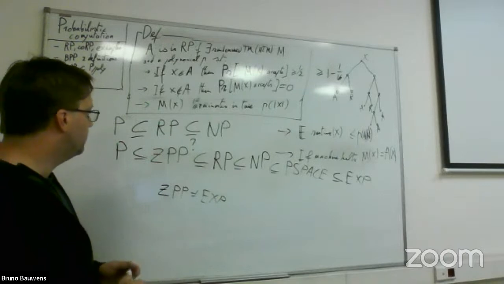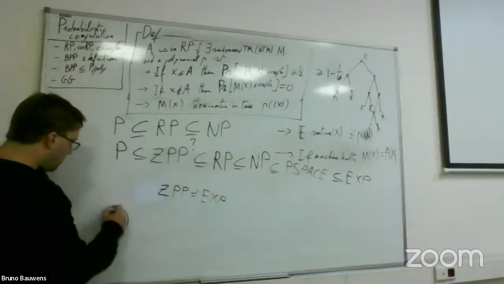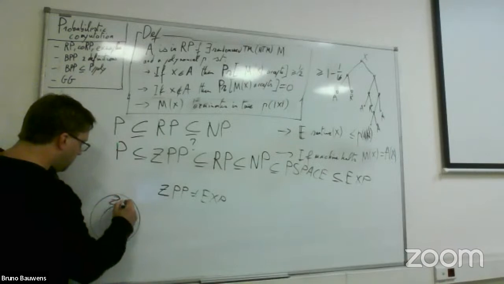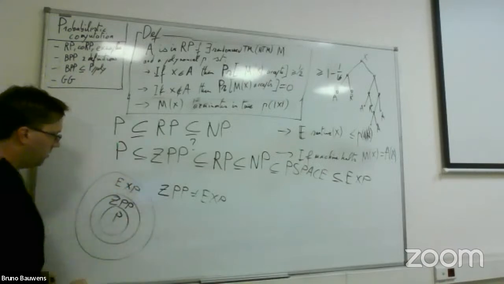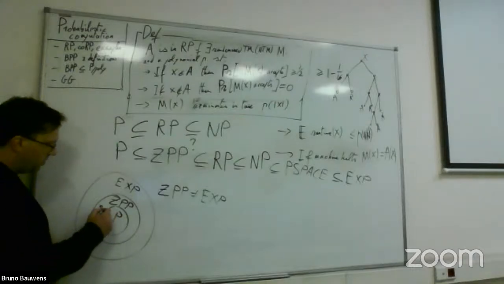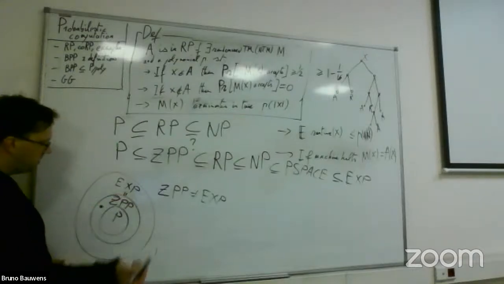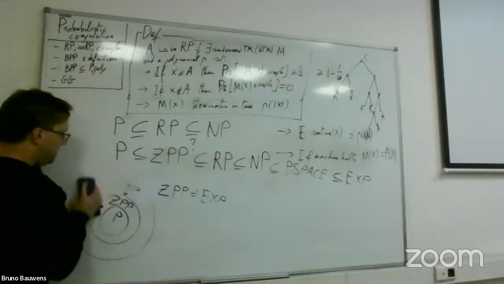No, it's not true, sorry. ZPP not equal to X. Oh, no, yeah, it can be okay. I understood. Yes, it can be wrong. So it can be that P is different from ZPP, but ZPP is, yeah, this cannot be. Okay. And yeah, but again, this is a philosophical digression.